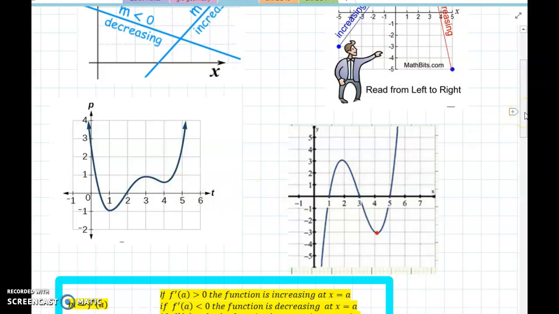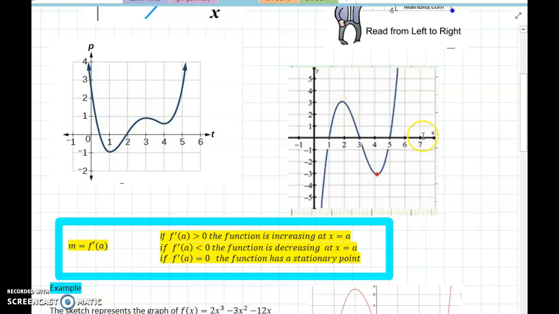Now let's look at graphs that you will see more often, and this is a cubic graph. If I were to draw a tangent anywhere along this side here, it would have a positive gradient. Note, positive gradient, the function is increasing. At this point, the tangent would be horizontal.